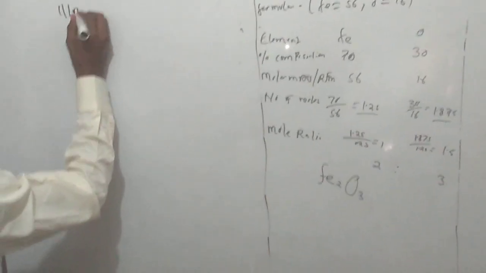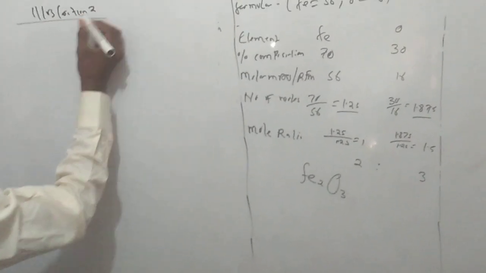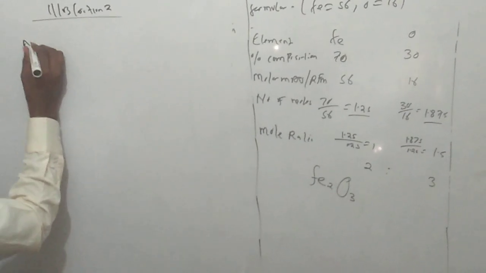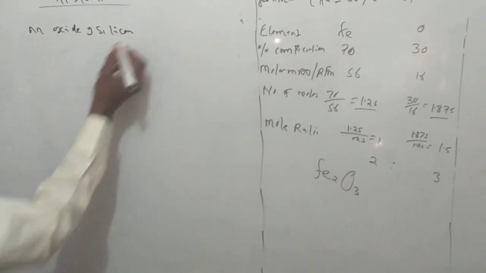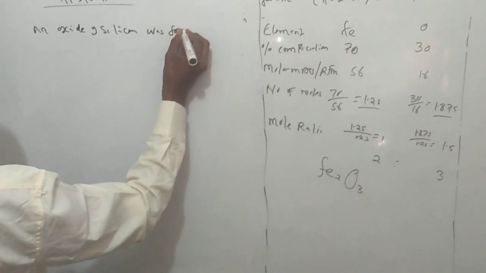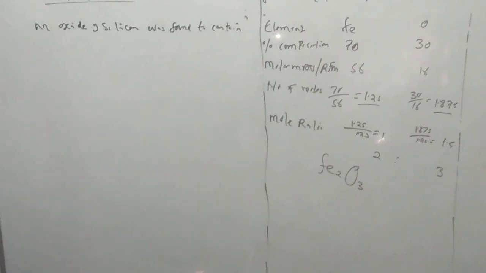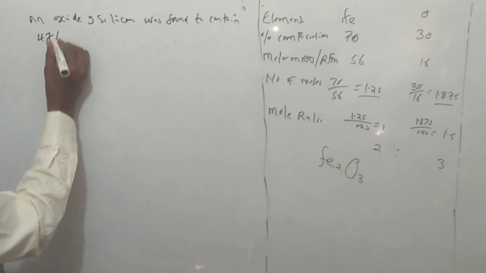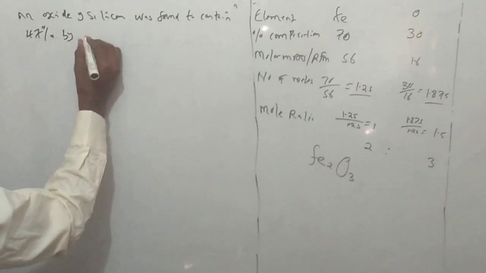Illustration number 2. You can say example 2. We are told an oxide of silicon was found to contain 47% by mass of silicon.